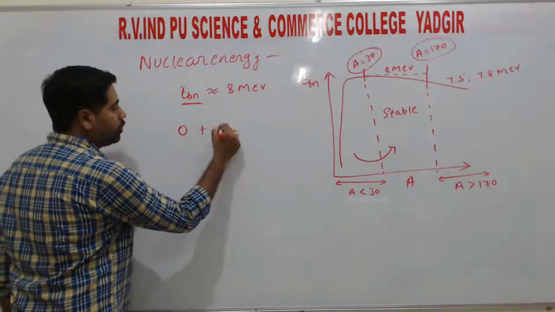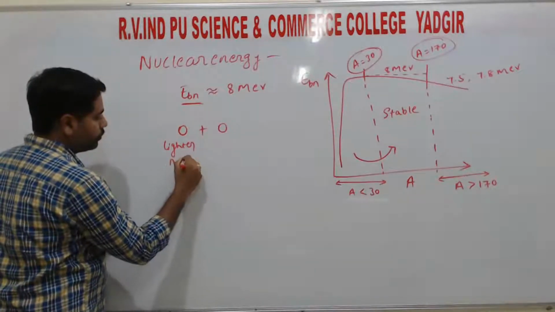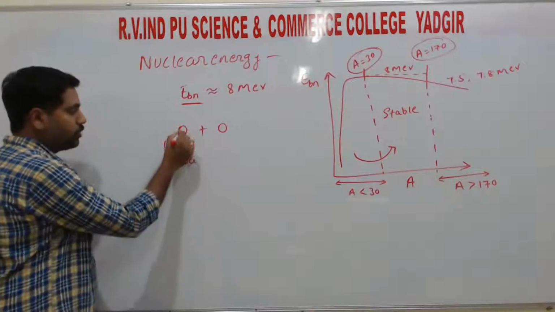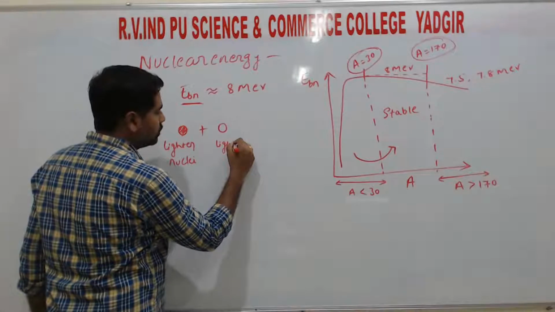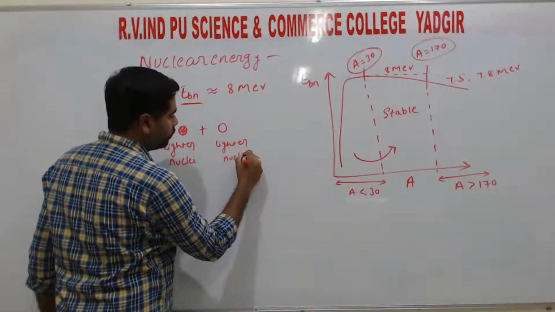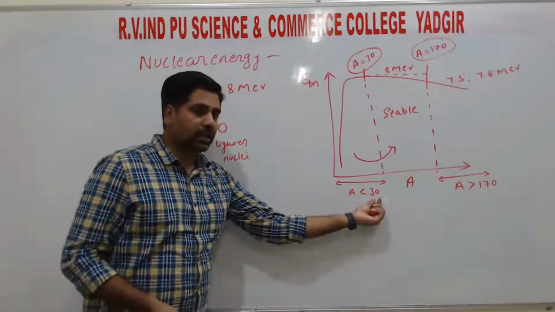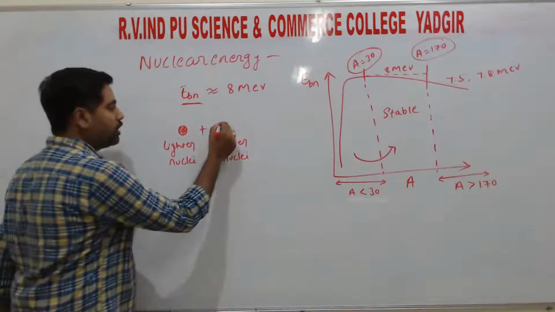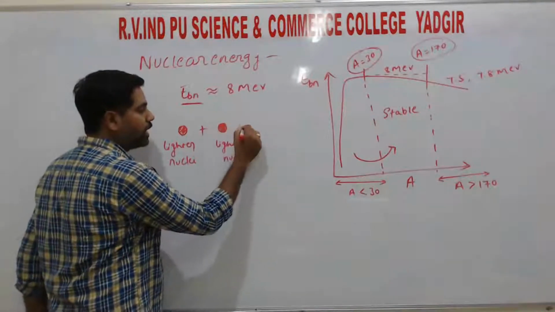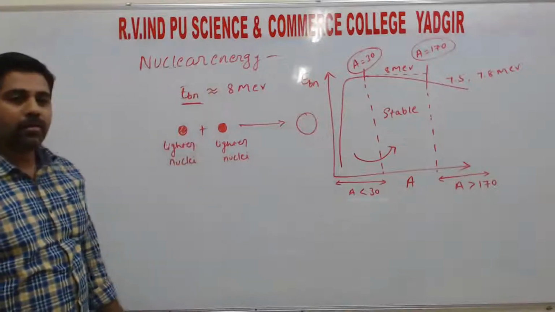So two lighter nuclei, right? This is one lighter nucleus and this is another lighter nucleus. That means the nuclei which are less than 30, those we call lighter nuclei. These lighter nuclei fuse together, that means combine together, to form a nucleus of heavier mass.